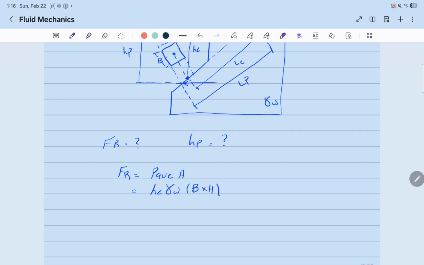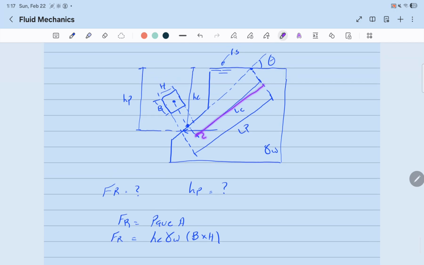Now, H divided by 2 is LC, not HC. To find HC, you take LC, the length from the centroid of the shape to the level of the fluid, and HC, with the given angle.